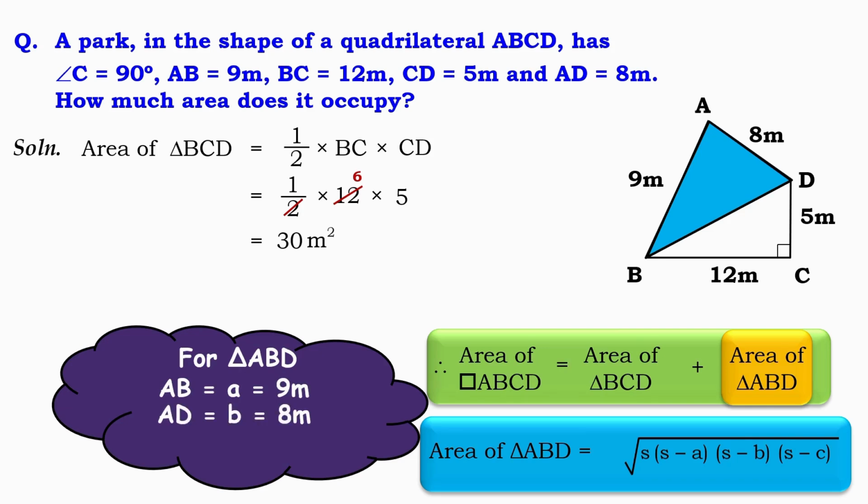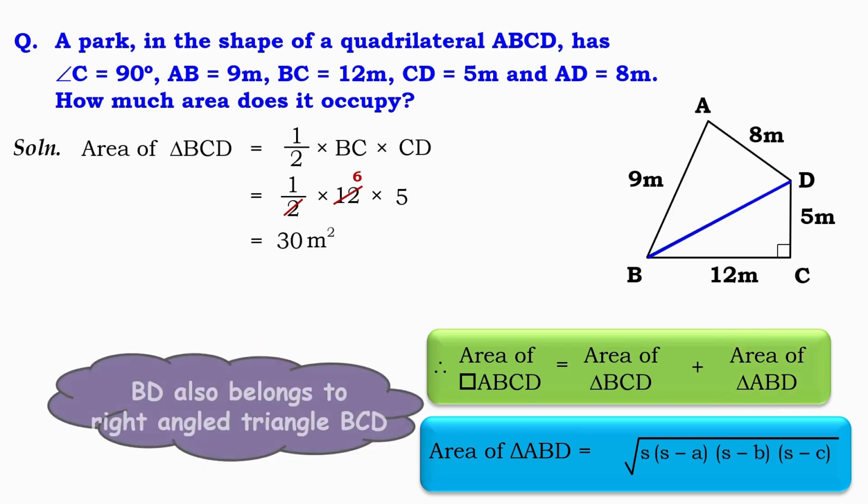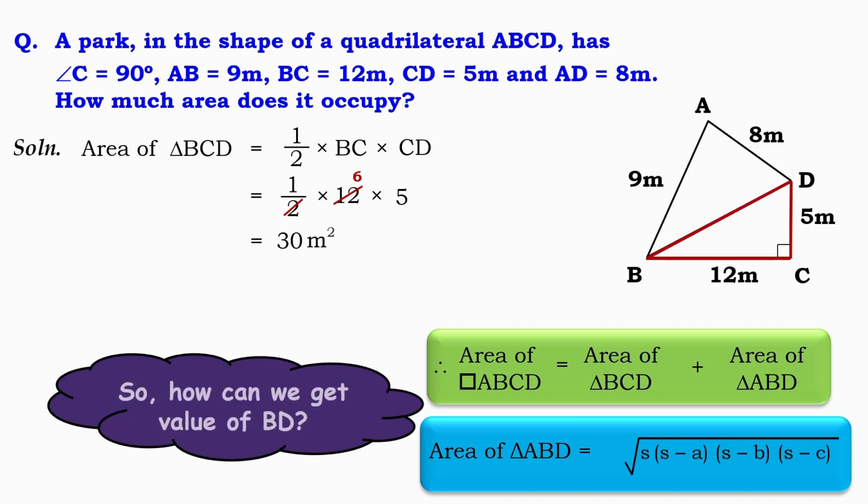AD is given, that is 8 meter. Now BD we don't know. BD is the C we can consider, which we don't know. So we have to find BD first. But if you check, BD also belongs to the right angle triangle BCD. And BD over here is the hypotenuse of triangle BCD, right?